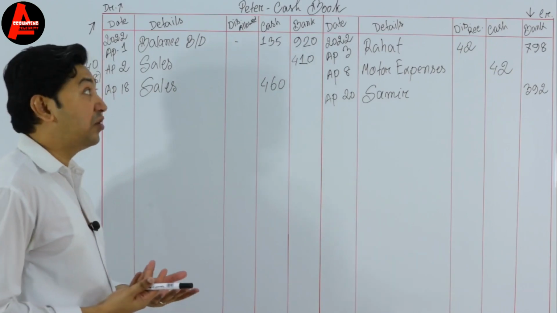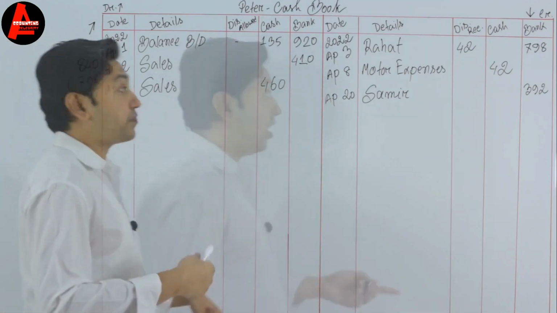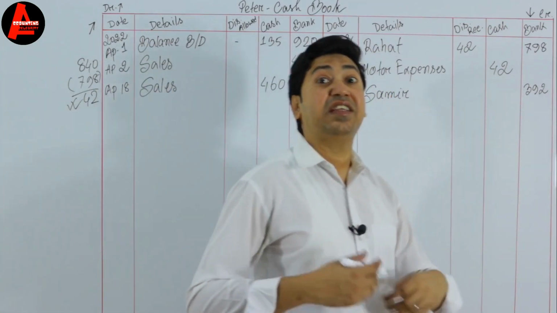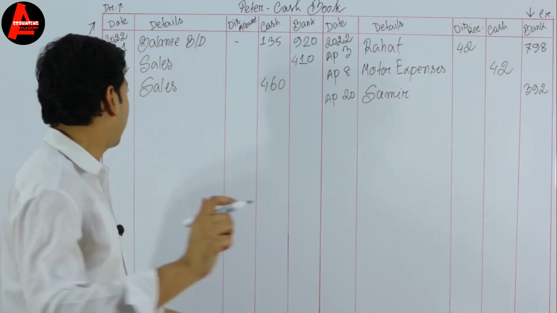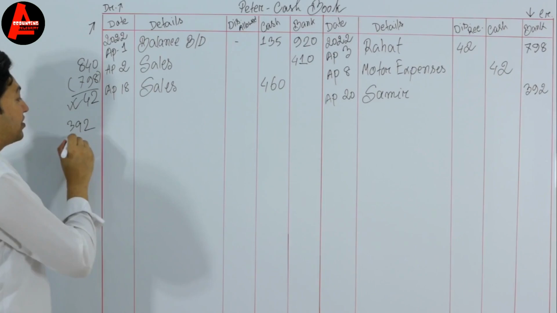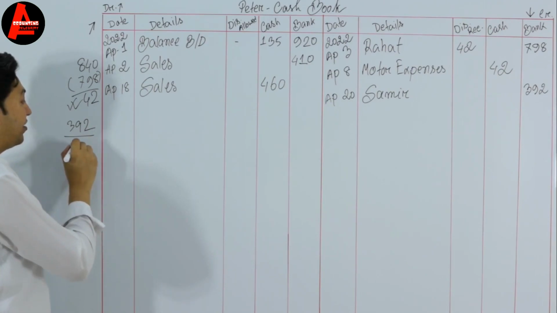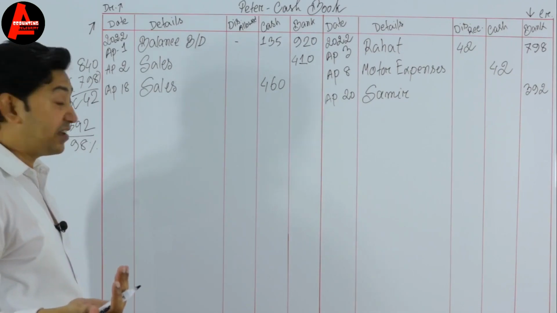On which amount did Peter calculate discount? So this 392 is 98%, because he deducted 2% discount. So 100% minus 2% is 98%.